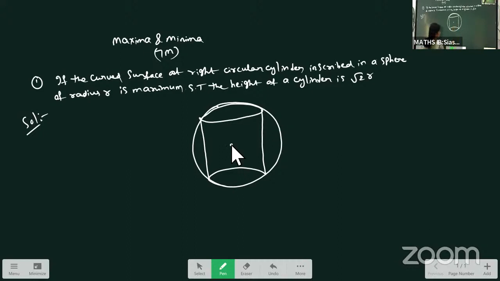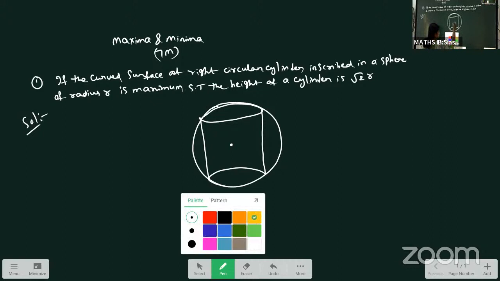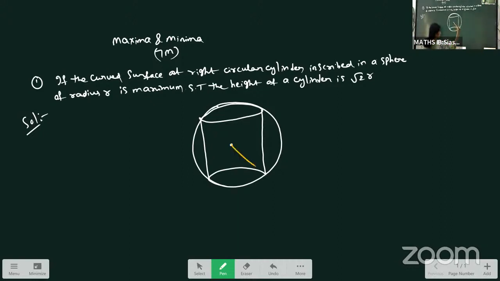We know the radius of the sphere is capital R, and the radius of the cylinder is small r.